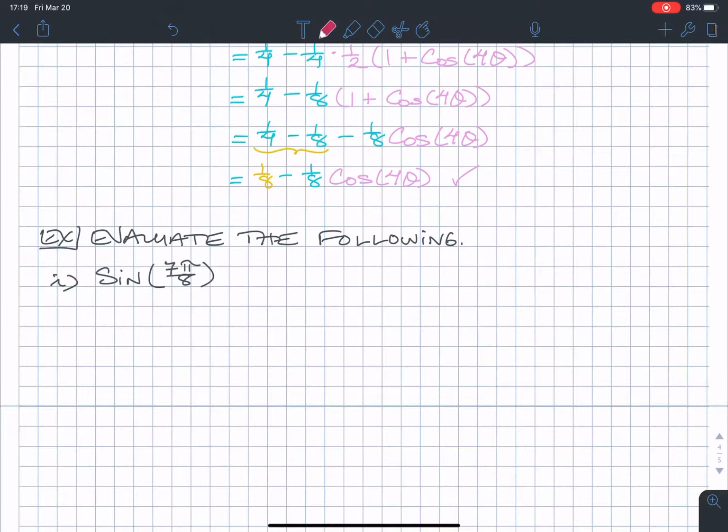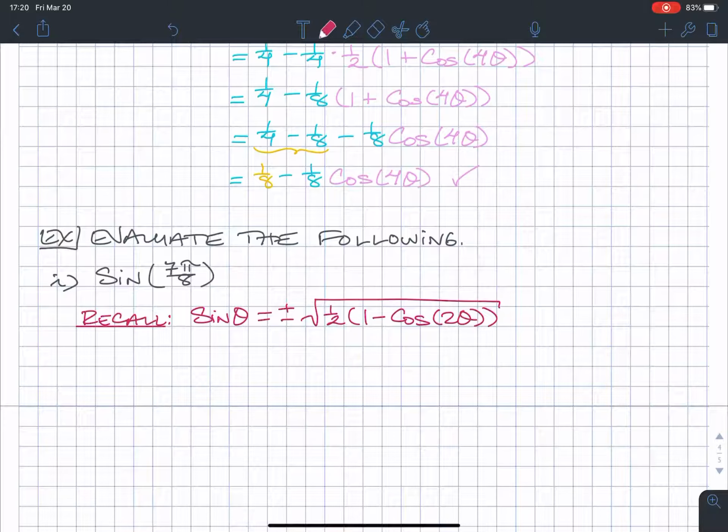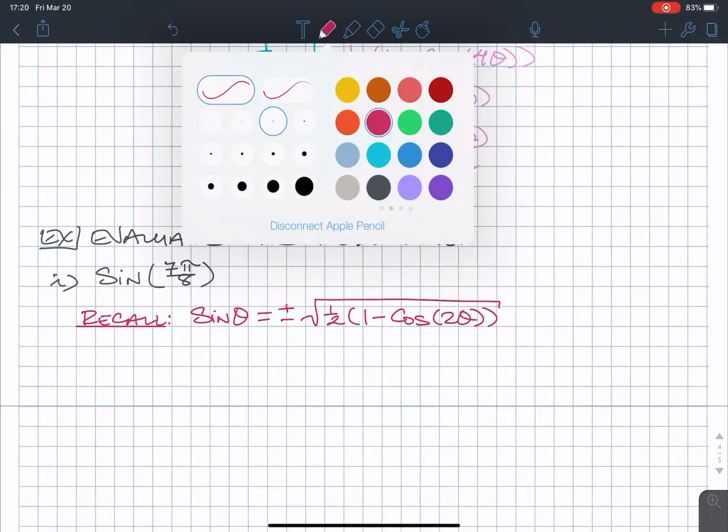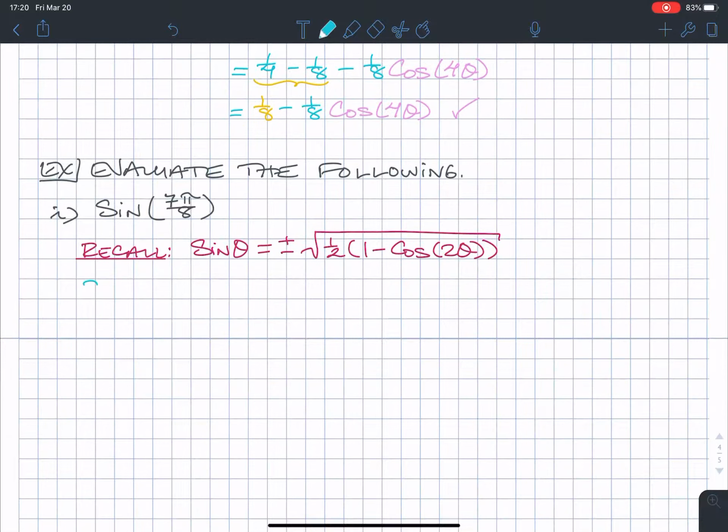So let's recall, sine of theta was plus or minus the square root of 1/2 the quantity 1 minus cosine of 2 theta. Now the plus or minus has to do with which quadrant the angle is in. So we have sine of 7 pi over 8. So 7 pi over 8 is close to 8 pi over 8, so that's in quadrant 2.